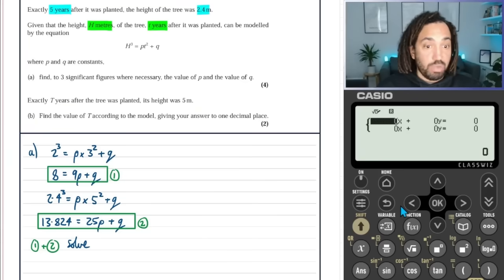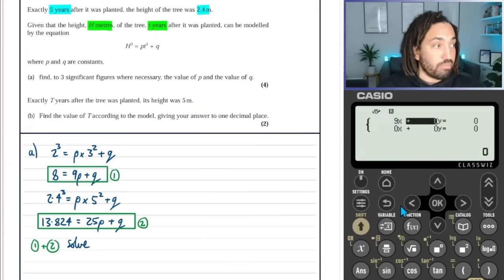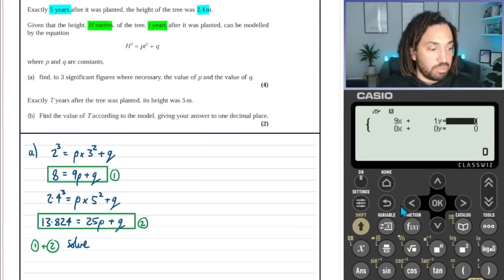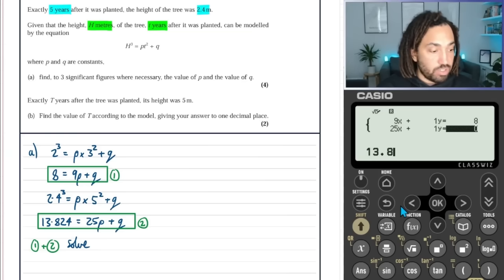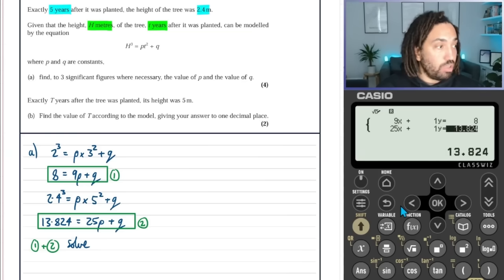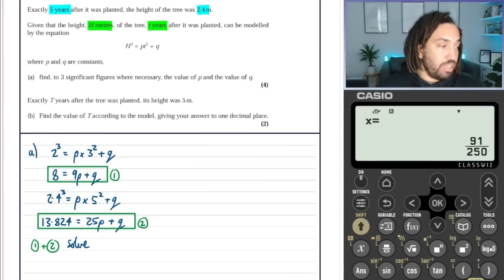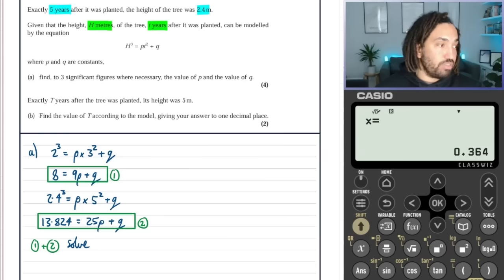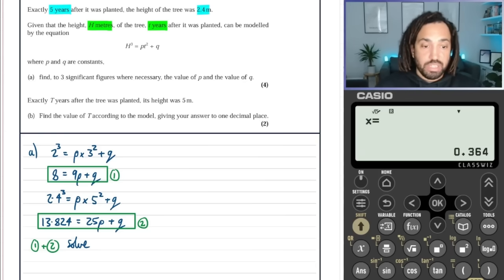Okay, so the p's will be the x's, and the q's will be the y's, and that's equal to 8. And then we've got 25, we've got 1, and we've got 13.824. Click execute, and there we have it. It wants it to 3 significant figures. So we can say that p is equal to 0.364.